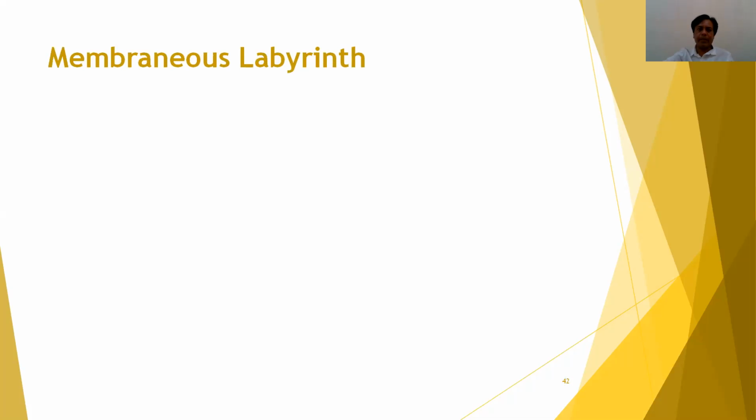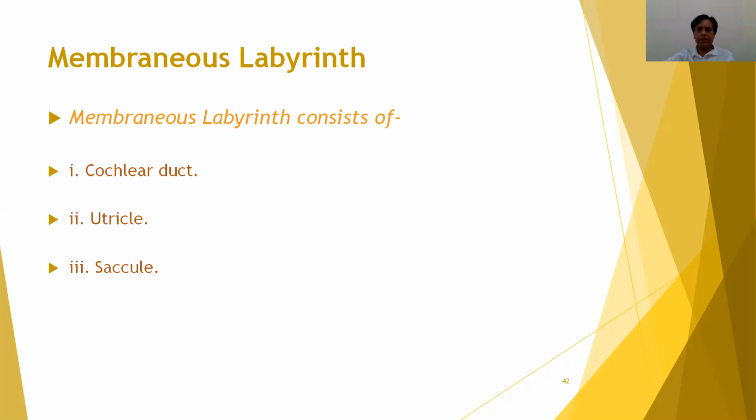Then coming to membranous labyrinth, it consists of cochlear duct, utricle, saccule, 3 semicircular ducts, endolymphatic duct, and sac.